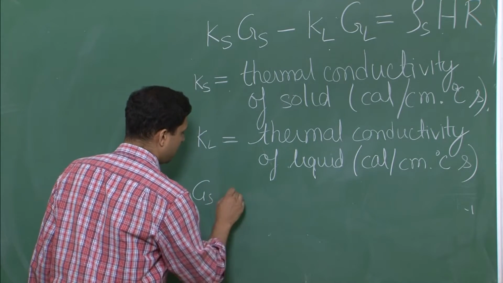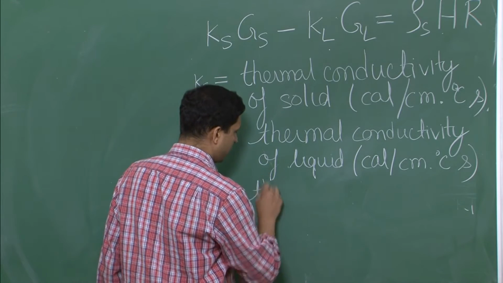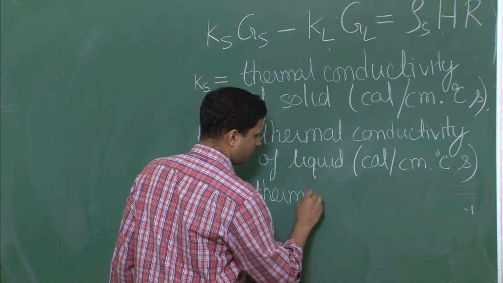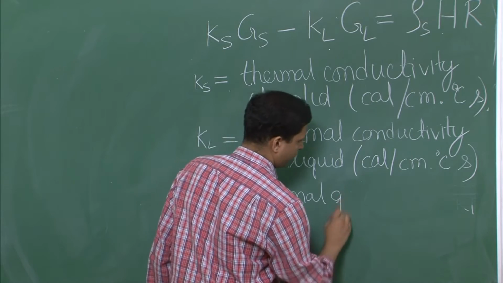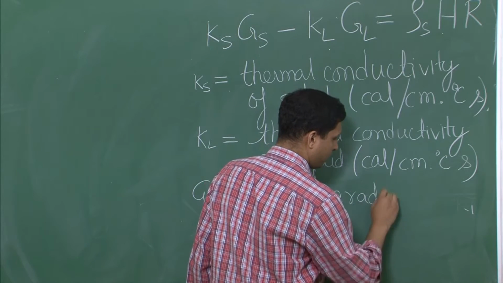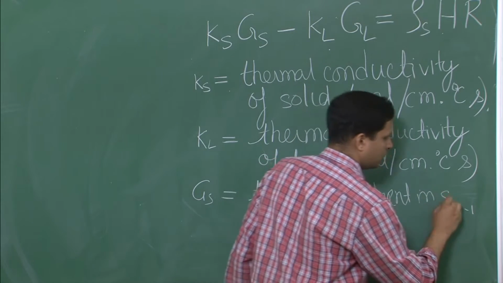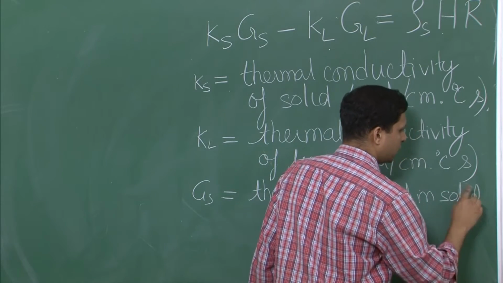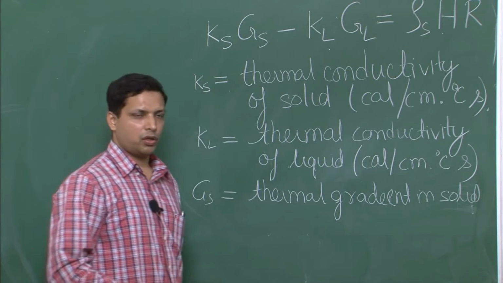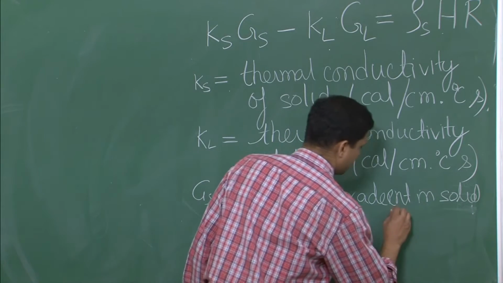Gs, like I said, is the thermal gradient in solid. If it is a thermal gradient, then the unit, as you can imagine, will be degree C per centimeter.